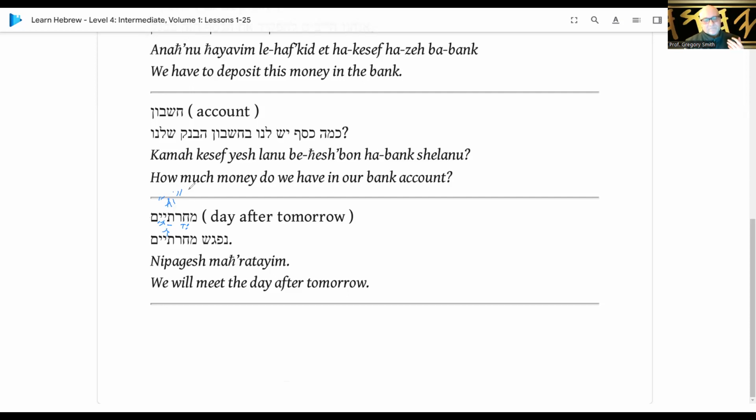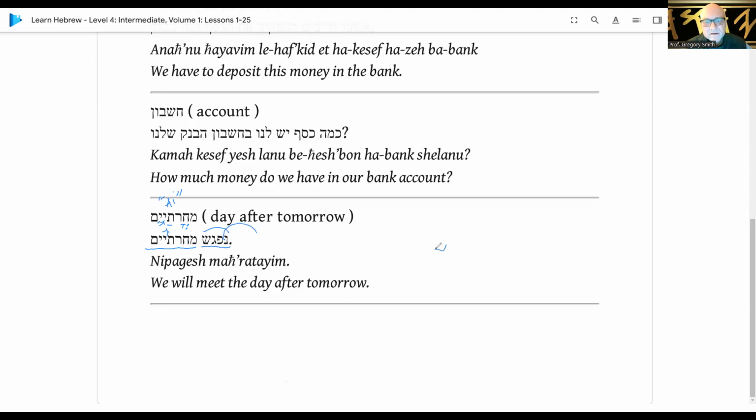Okay, so מחרתיים. Nifgash mahoratayim. Okay, take a look at that one. Nifgash mahoratayim. נפגש. Nifgash. Now, notice this. They're using literally "meets," but if you say "we will meet," then there should be a yod in there.